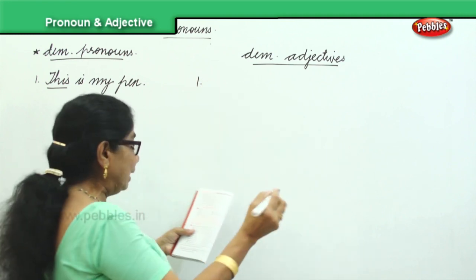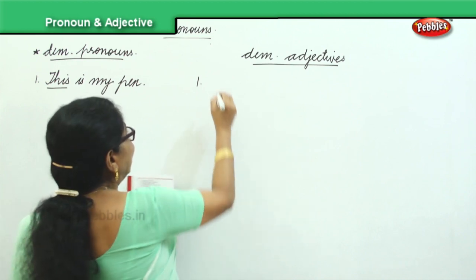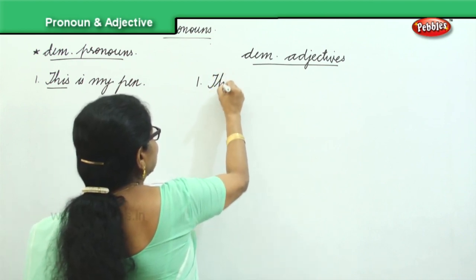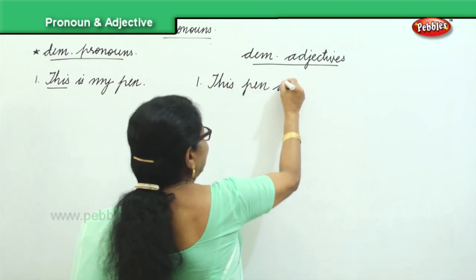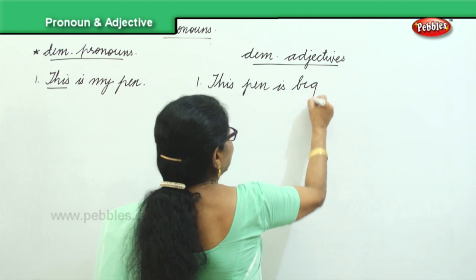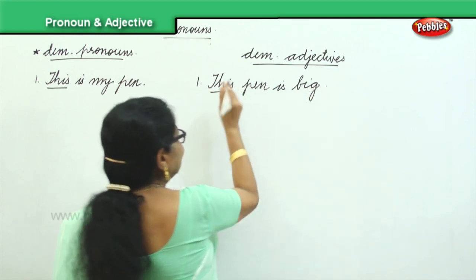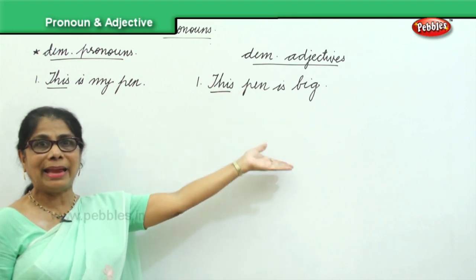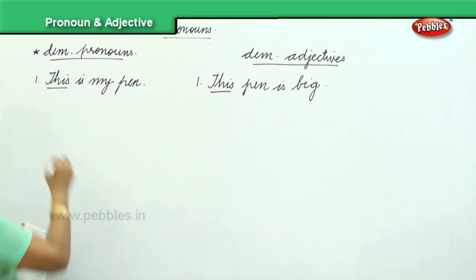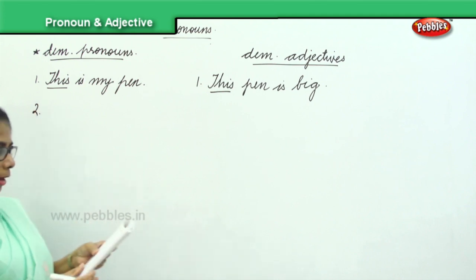It will be, this pen is big. In both, we are talking about this pen. But here, pen is big, so that goes under adjective. Just a very slight difference, but we need to look at it.